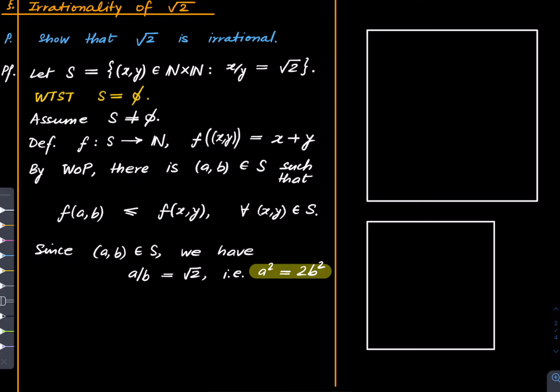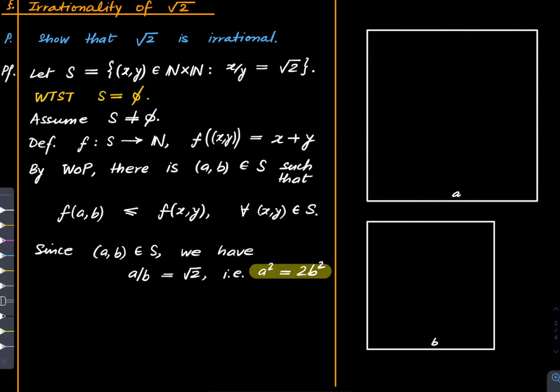Geometrically, we can interpret this as draw the square with side a. So this side length is a, and draw the square with side b. And now what this says is that 2 copies of this square have the same area in total as the area of this square.